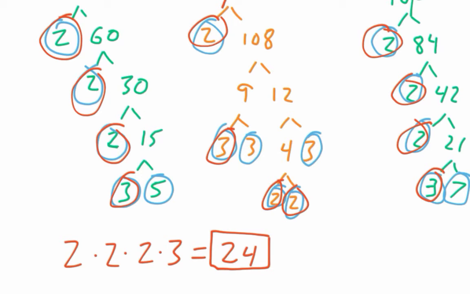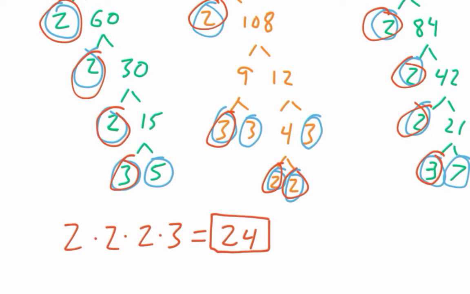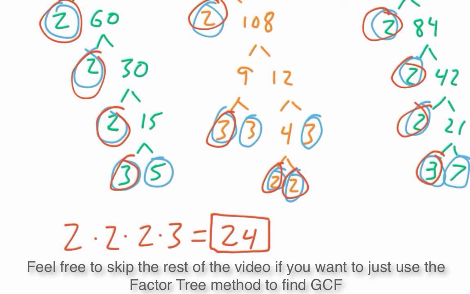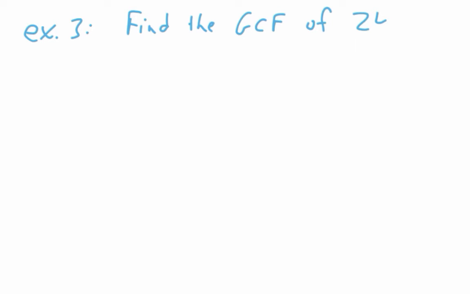The other way that you could do it, I'll do just one quick example of method number 1, and then we'll move on from there. So maybe example 3, if you wanted to find the GCF of, I guess if we do those first ones again, so you could skip this.